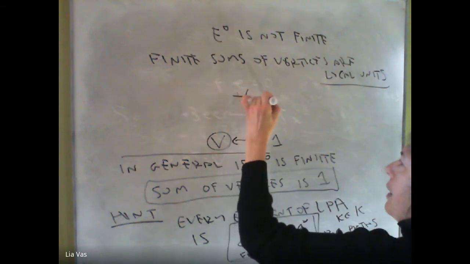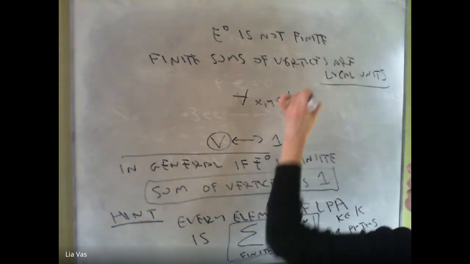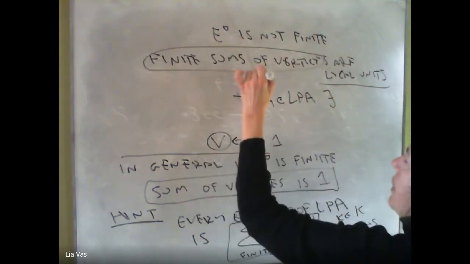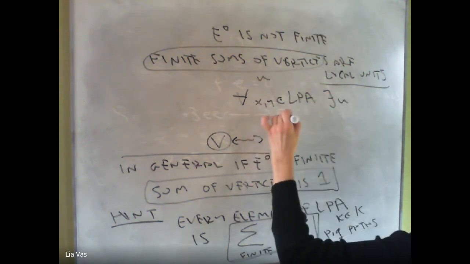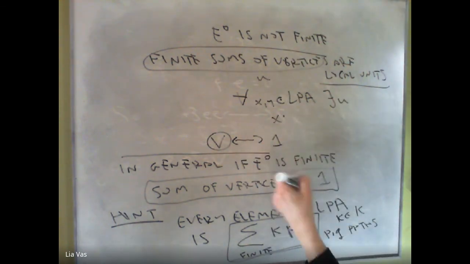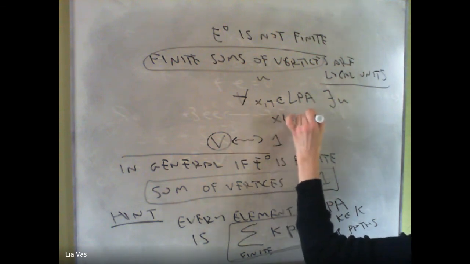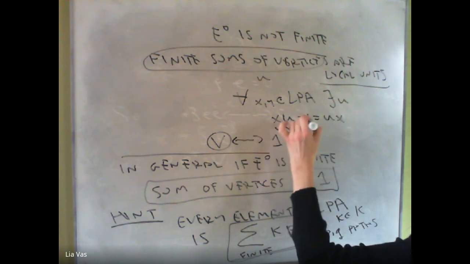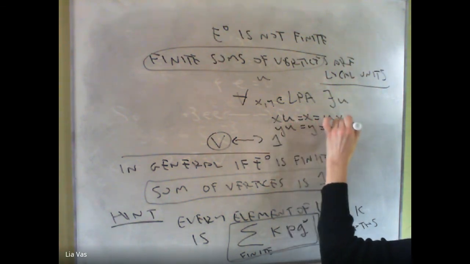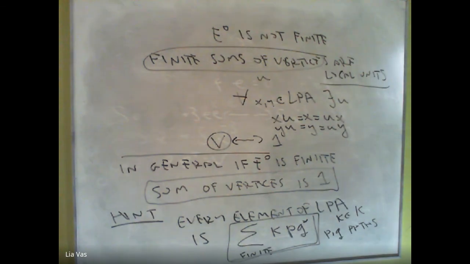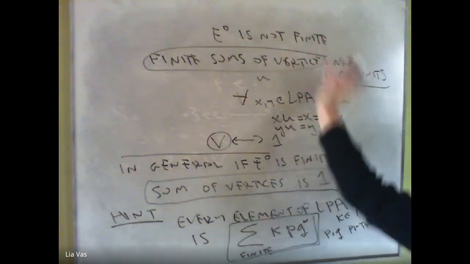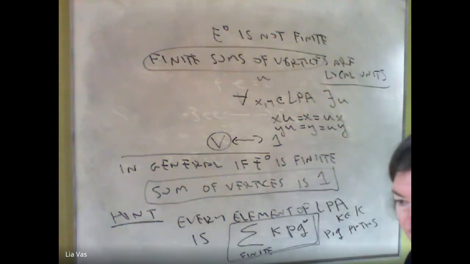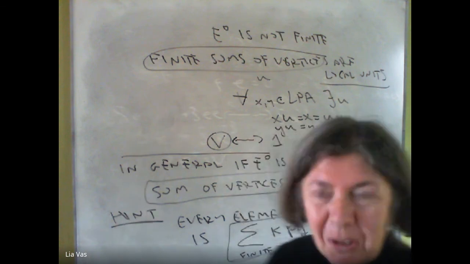For every x and y from the Leavitt algebra, there is a finite sum of vertices, let's call it u, such that u behaves like the identity for x and y. So xu is x, and ux is x, and the same for y. You don't necessarily have to convince yourself of that, but try to see why that always works. Then we can continue tomorrow.